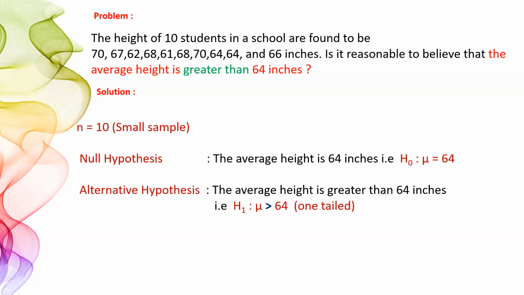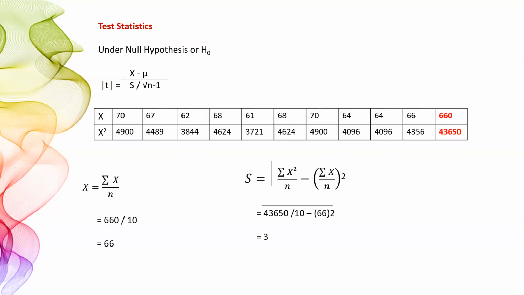Thus, what we write in the alternative hypothesis is the average height is greater than 64 inches. So that is H1 such that mu greater than 64. So once the value is greater than 64, the problem becomes one tail. And then we'll apply the formula. That will come under test statistics.